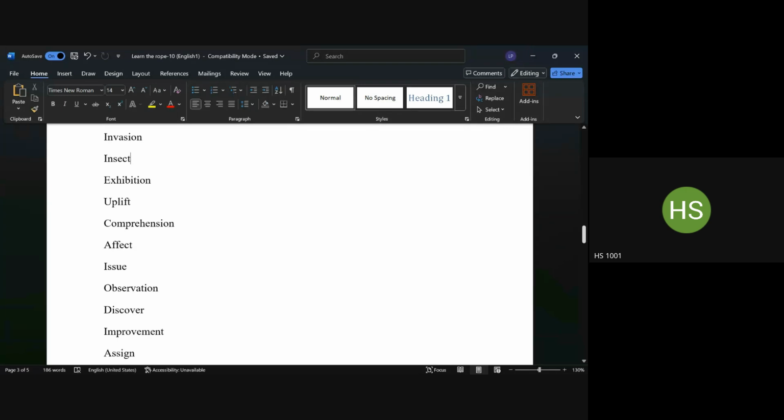Uplift is a verb, right? So it is a disyllabic verb. Should it be on the first syllable or the second syllable? First. By the rule it should actually be on the second syllable, but in uplift's case it is on the first syllable.